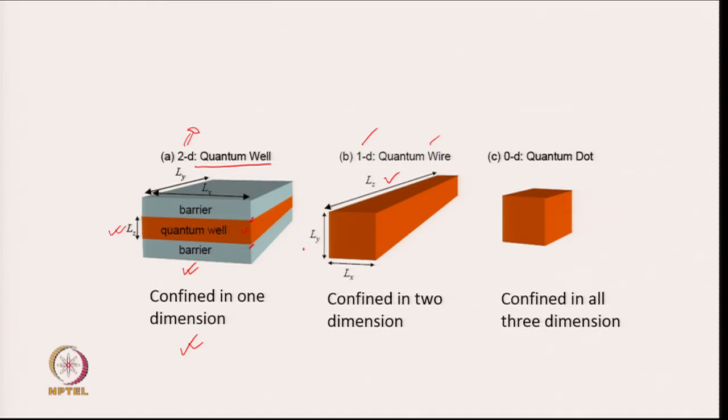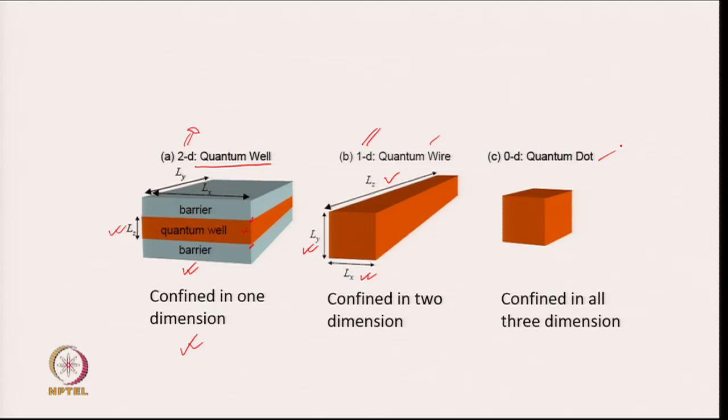So, your quantum wire is confined in the y direction and the x direction, but unconfined in the z direction, and that is why it is known as a 1D material, because it is unconfined in one dimension.